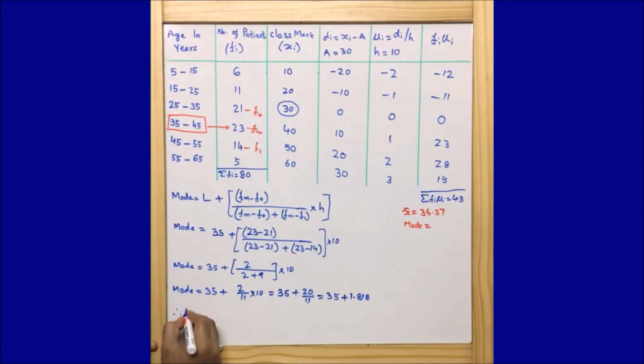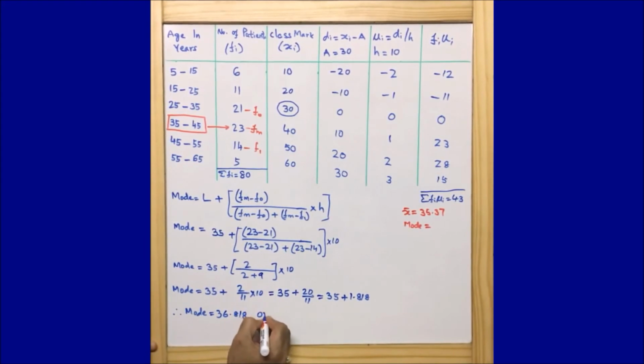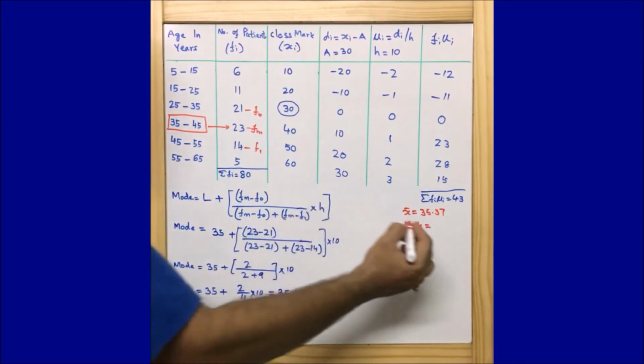Therefore mode is equal to 36.818, or 36.82. This is the value we got for mode.